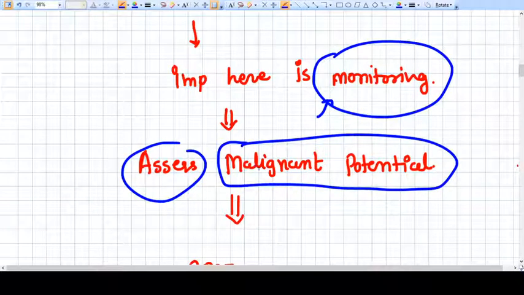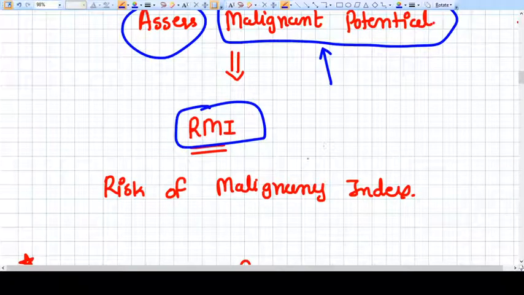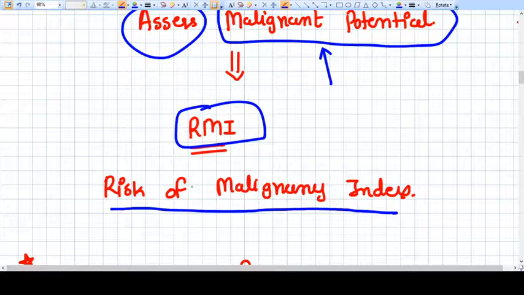Generally benign cyst, simple cyst, hemorrhagic cyst are very benign. They don't have malignant potential at all. But still, on doing ultrasound, we need to actually measure the score and do monitoring whether the cyst itself regresses or not. And for that, one index is called the risk of malignancy index. What is that?